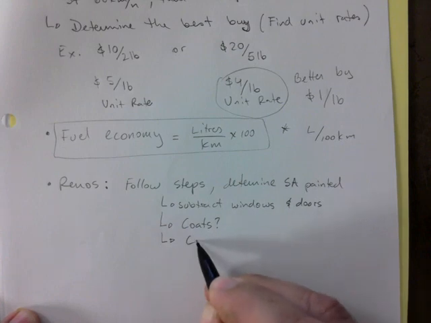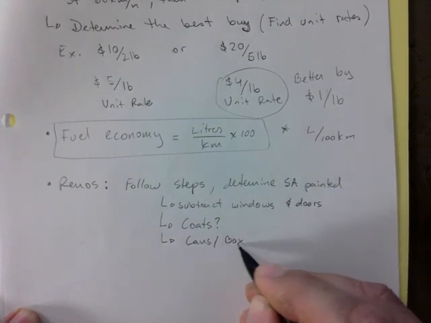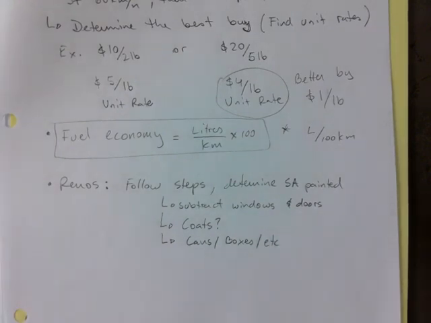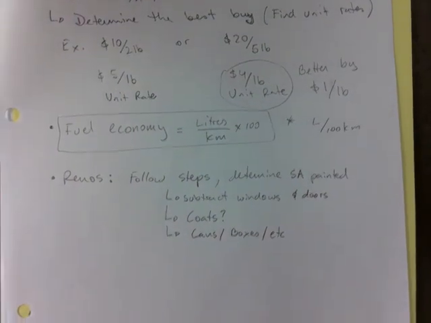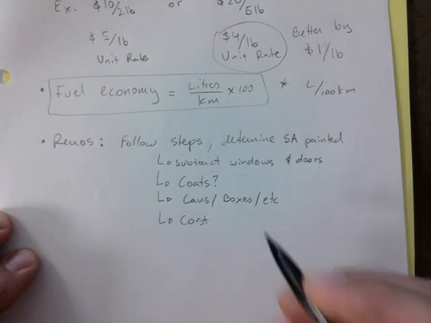Then you figure out cans, boxes, etc. You figure out how many do I need to buy? And then cost, right?